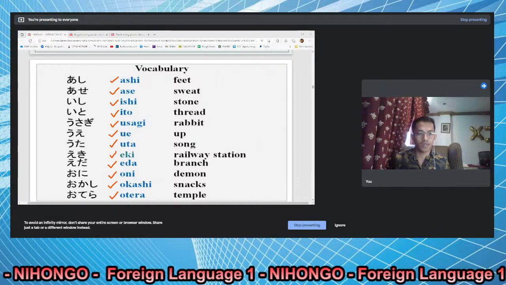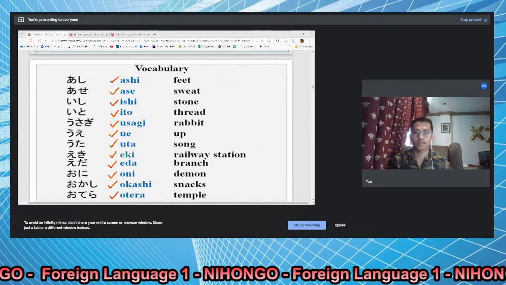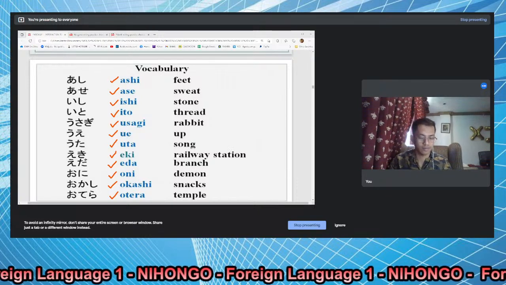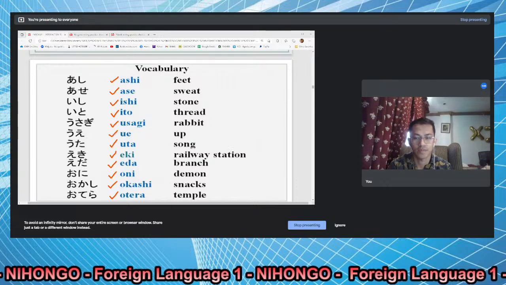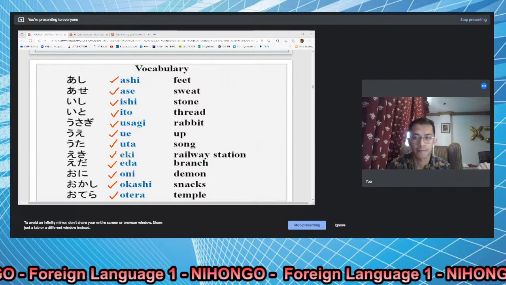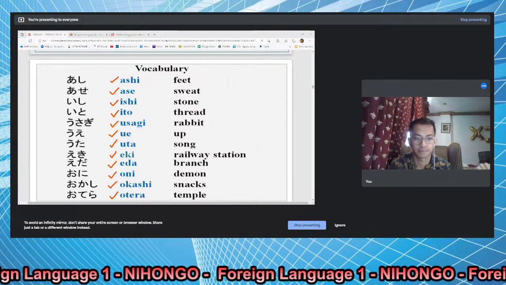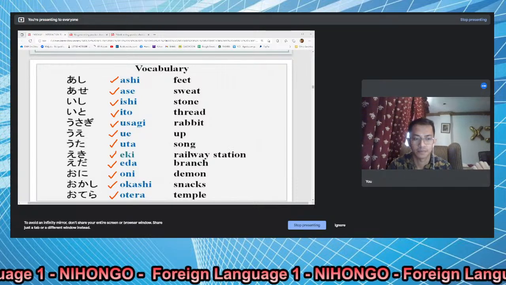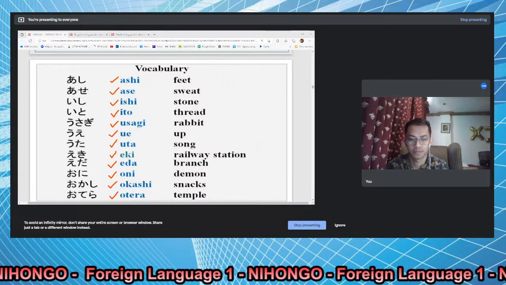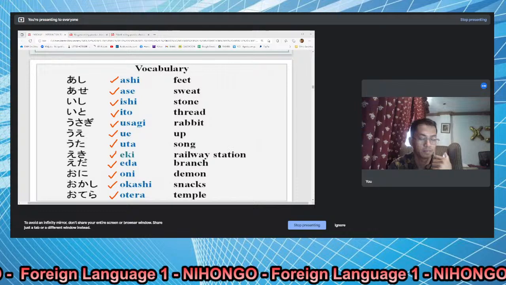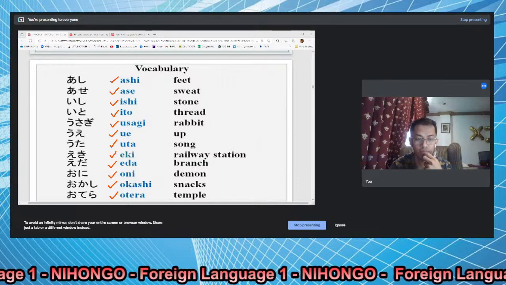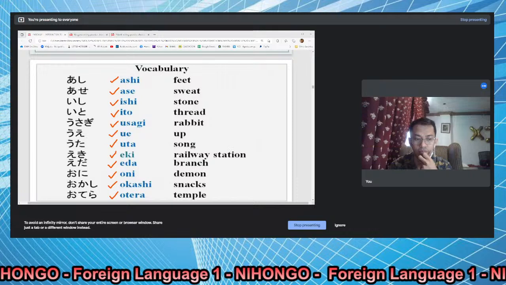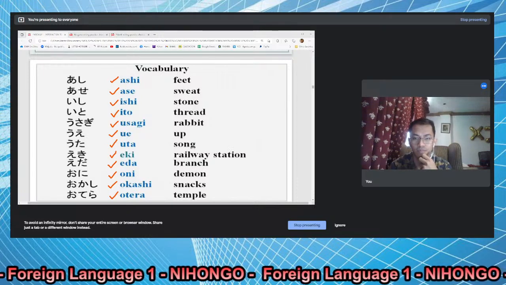Should we move forward to the next hiragana characters? Any question, guys? Question? None? Are you sure? Okay.